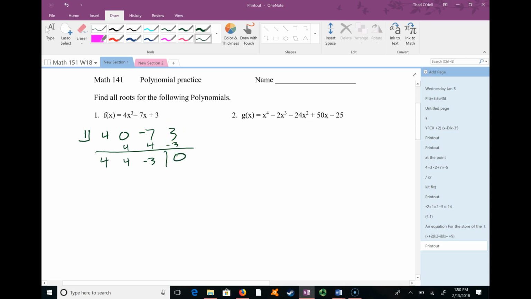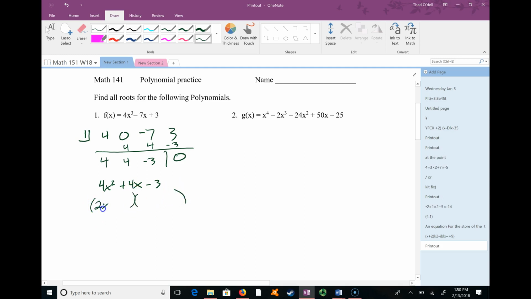So that means that 1 is a root. And then we're left with 4x squared plus 4x minus 3. We know it's a quadratic, a second degree, because we started with a third degree and divided once, and that leaves us with the second degree.